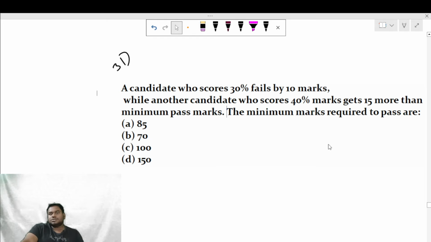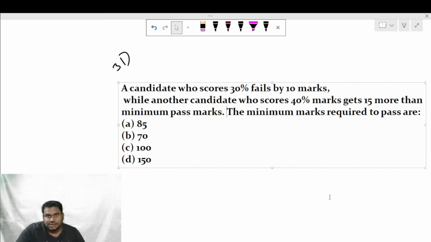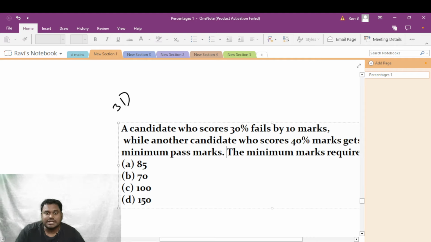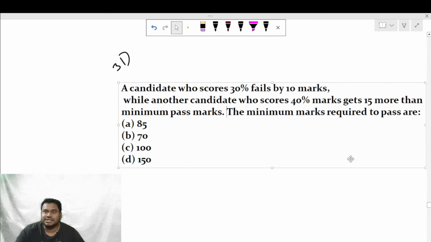A candidate who scores 30% failed by 10 marks, while another candidate who scores 40% gets 15 more than the minimum pass marks. What are the minimum marks required to pass? See, one candidate scores 30% marks and fails the exam.